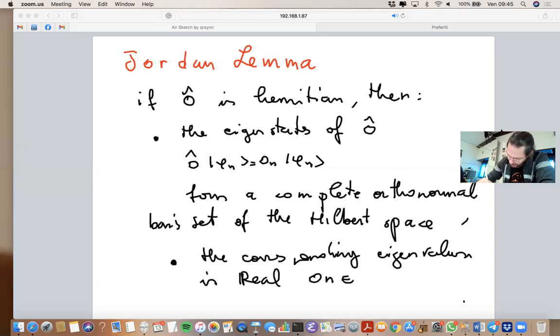So the O n are real numbers. So this is the mathematical theorem we really need.